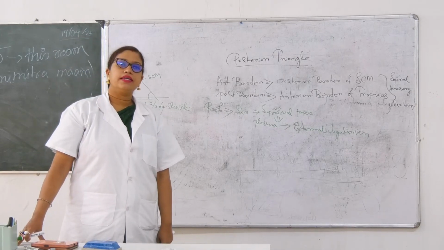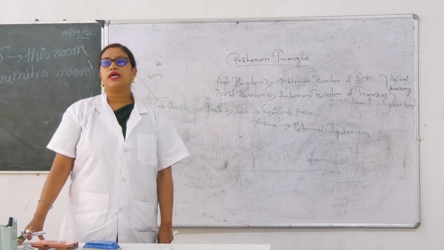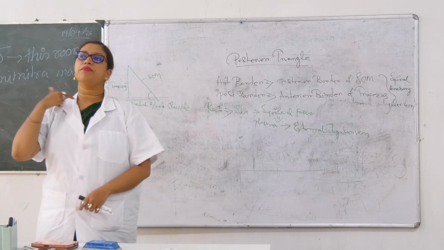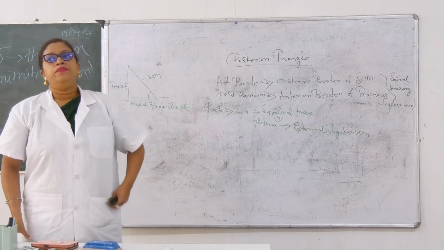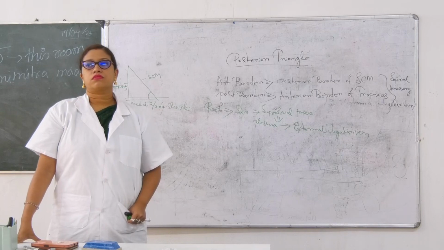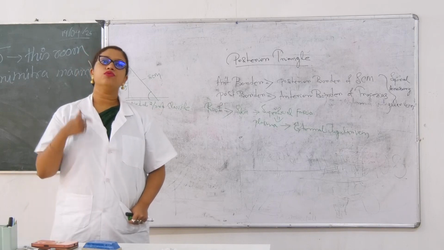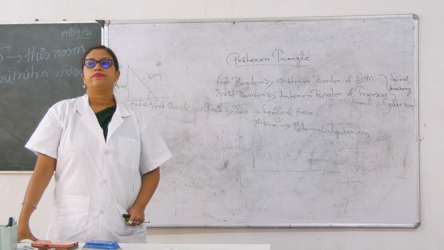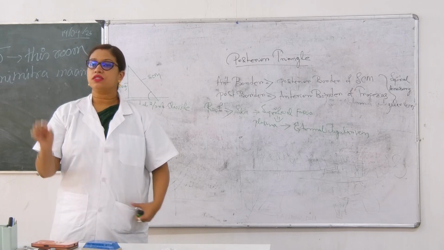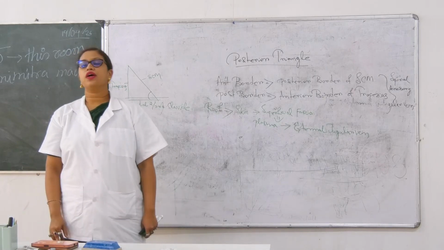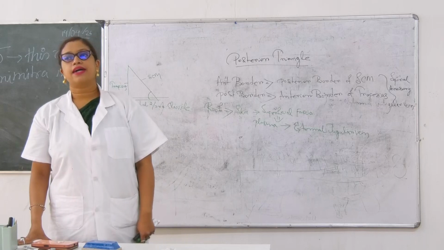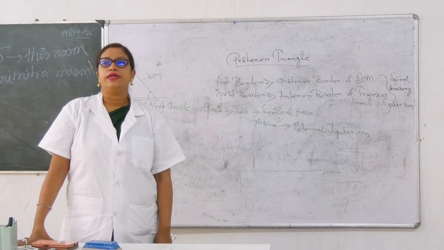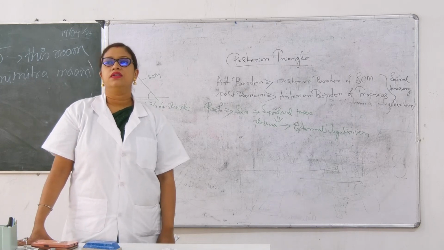If it is piercing the deep cervical fascia, suppose a cut has been made by any injury to this area. What will happen? Injury or a cut to this section of the neck, what will happen? Because the external jugular vein is a content of the deep cervical fascia itself.